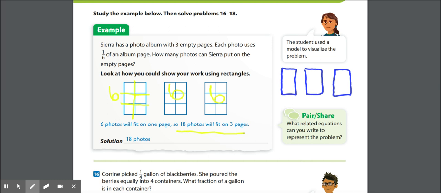for a total of 18 photos. And if I were looking at this as an equation, I want everybody to take a minute. And in this space down here, I want you to write what a division equation for this problem would look like.